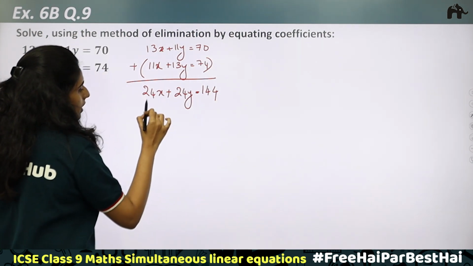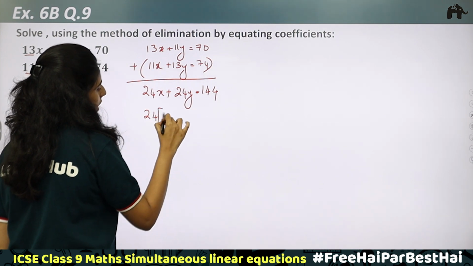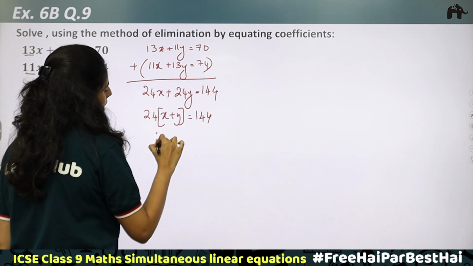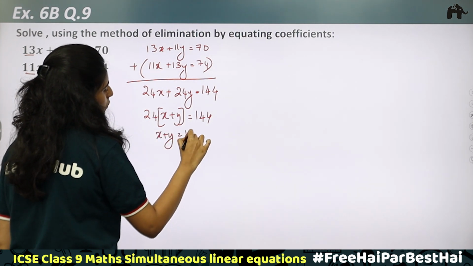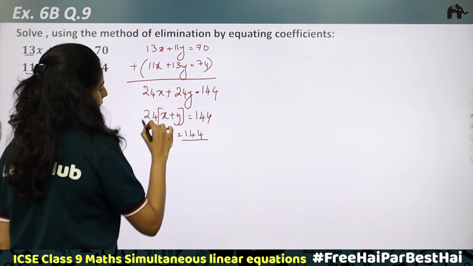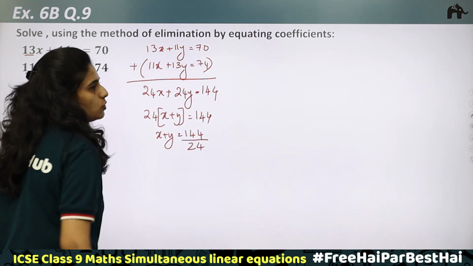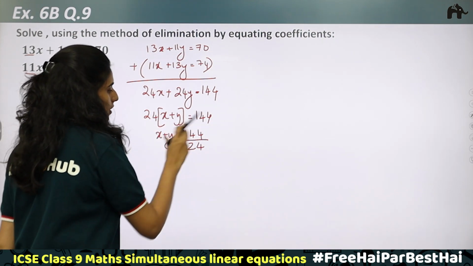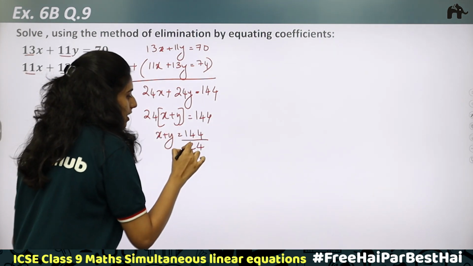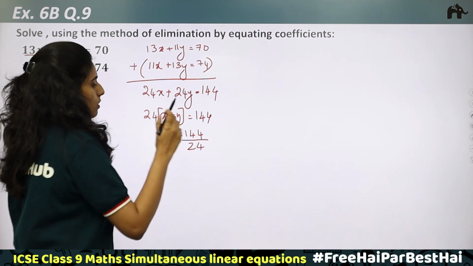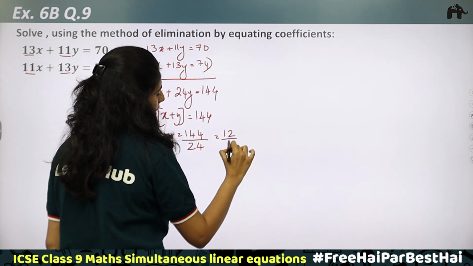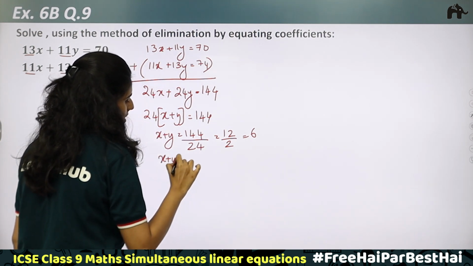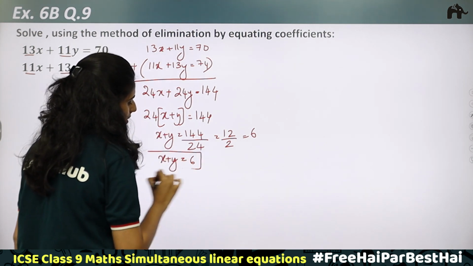Okay, 24 into x plus y is equal to 144. Then x plus y is equal to 144 divided by 24. How much do we get? We know that 12 into 12 is 144. 12 into 2 is 24. Okay, so this is equal to 12 divided by 2, which is equal to 6. So x plus y is equal to 6.